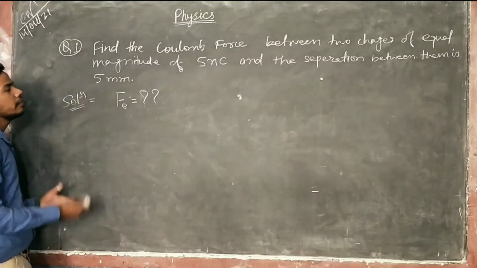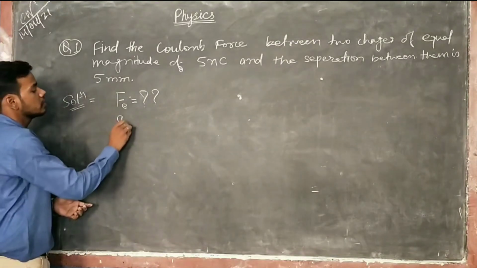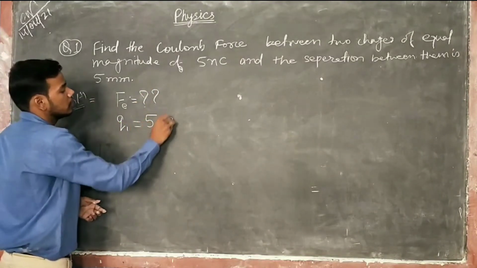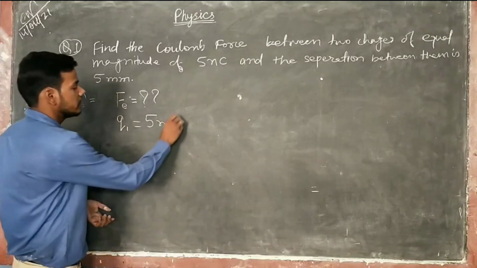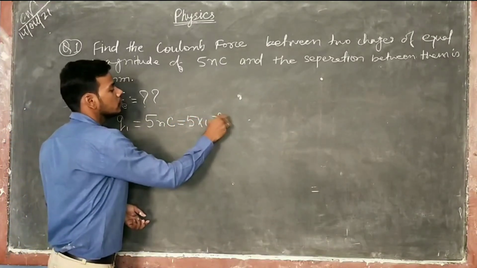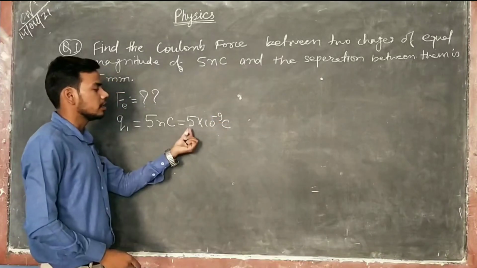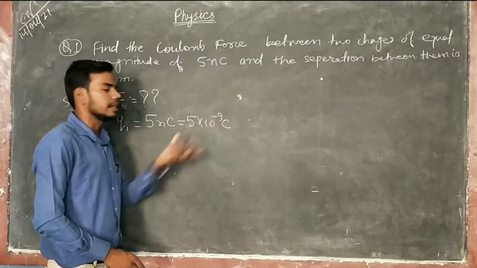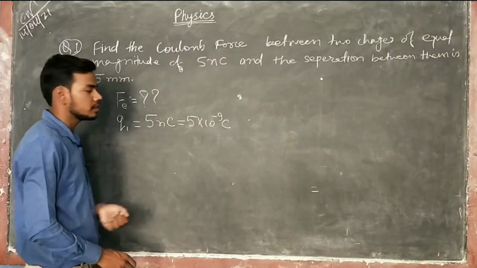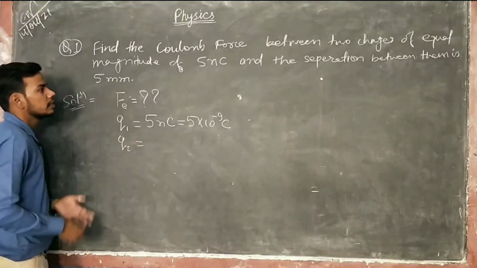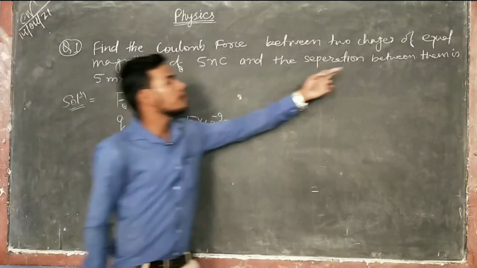Again, if we are discussing the charge Q1, then Q1 is 5 nanocoulomb, and nanocoulomb stands for 10 to the power minus 9, as you better know. So I have written it as 5 into 10 to the power minus 9 coulomb. Okay, guys. Again, Q2, the second charge, is of the same magnitude.